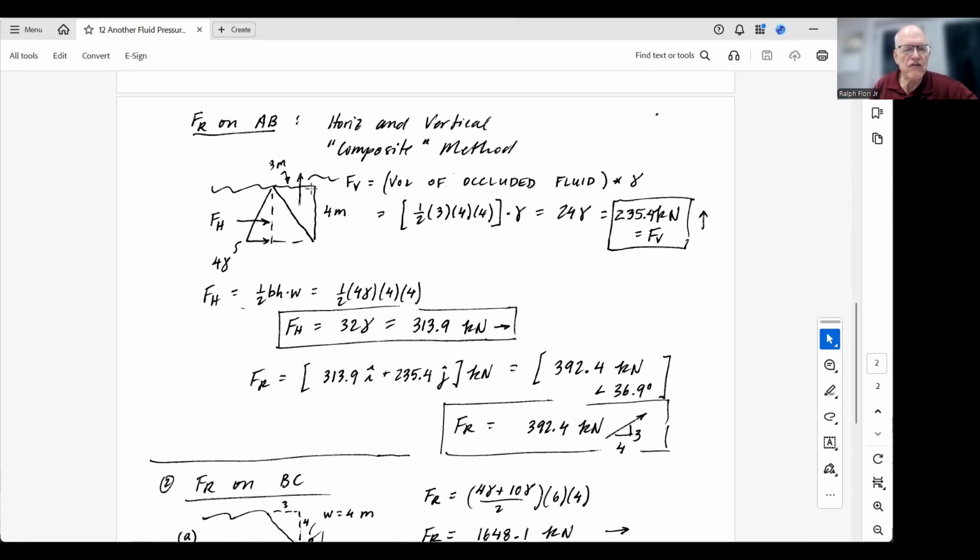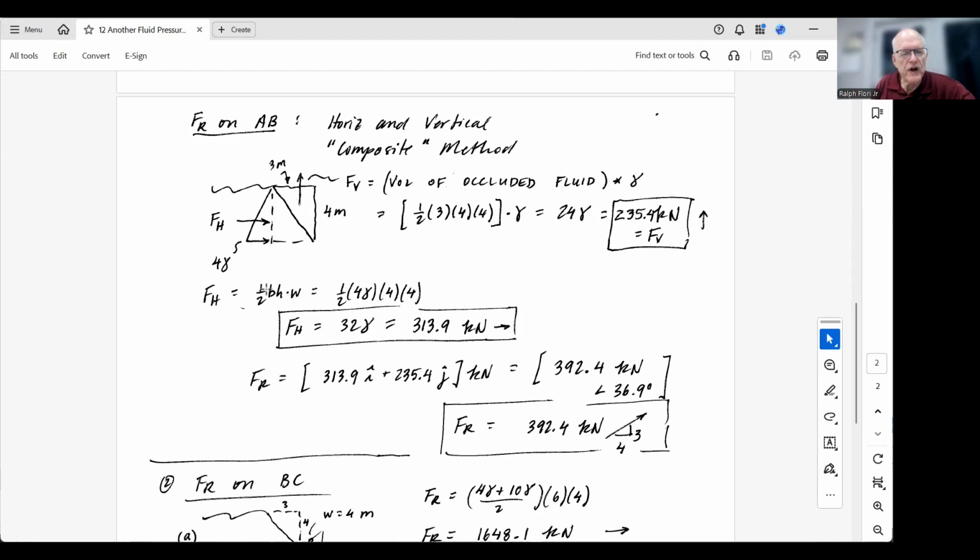The vertical force is an upward force, or a buoyant force, if you will. And so there's an upward force that acts on this plate that's equal to the weight of the water that is displaced by this plate. And so this is 3 by 4. So the volume is 1/2 of 3 times 4 times 4 into the board times gamma. And so the F vertical is 24 gamma, which is 235.4 kilonewtons upward.